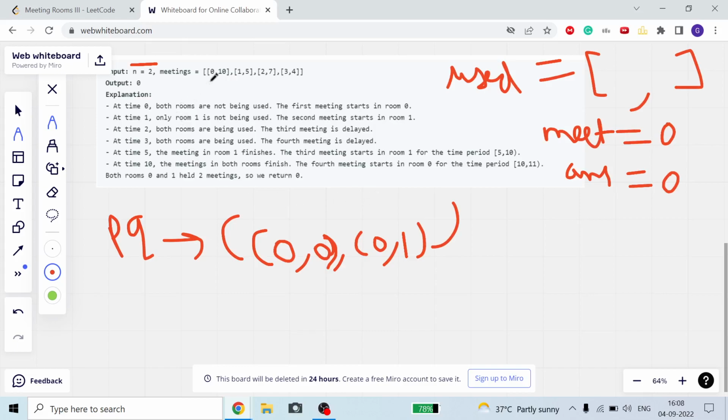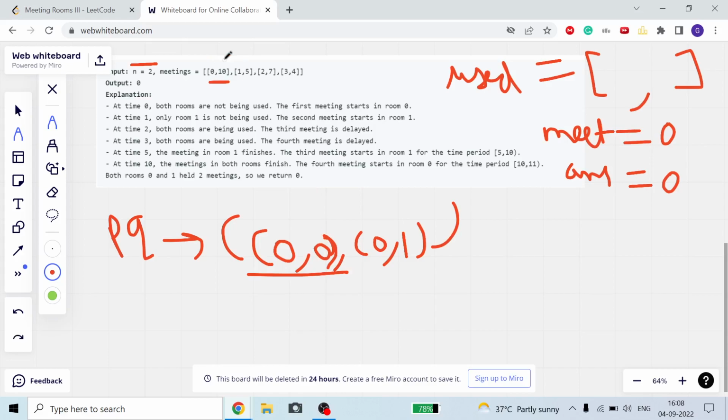Now our meeting 0 comma 10 has come. We will see what our priority queue top element is. The top element will always contain the first room number available to me at that particular moment. For this meeting, the priority queue top will always contain the element whose second index is the minimum room number possible at that moment.